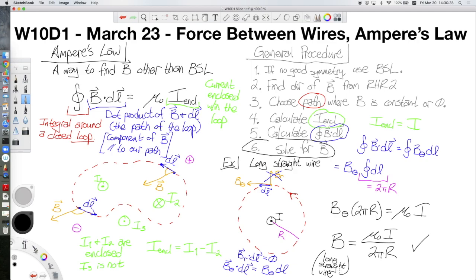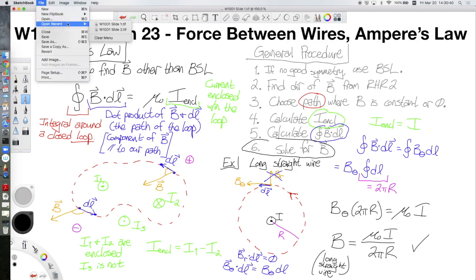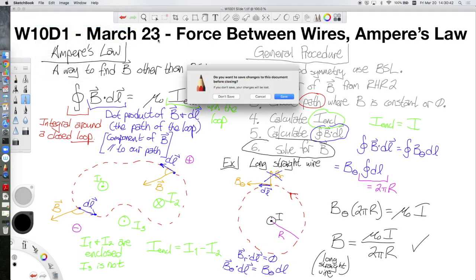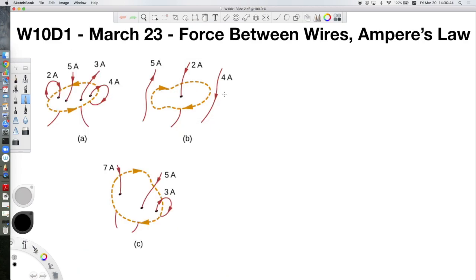So, real quickly, I wanted to do a couple examples that are shown in your book. For each of these situations, they want you to find the value of the integral of B dot dl.